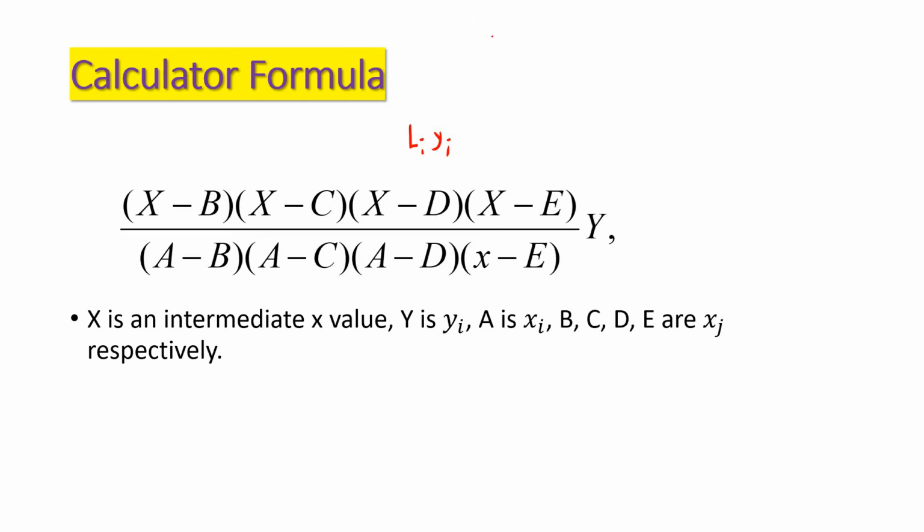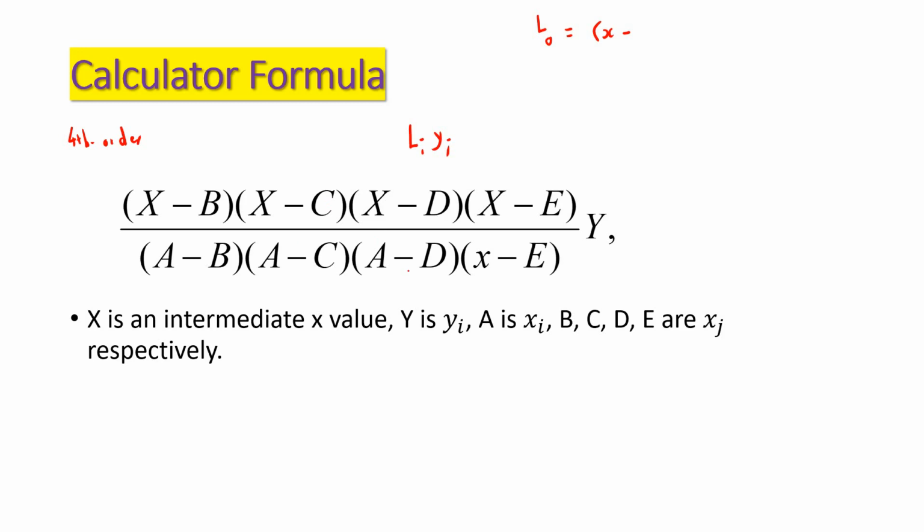So the formula for fourth order, let's say I just put up for L naught. L naught, you have the formula x minus, this formula is for fourth order approximation. So you have x minus the point, not from 0. You want to derive the formula, it is very easy.